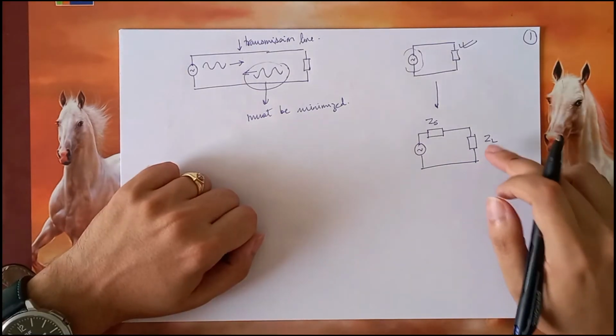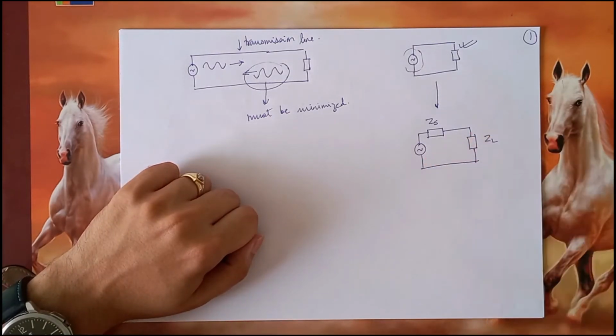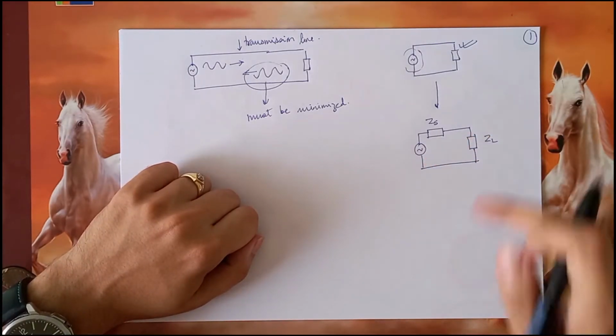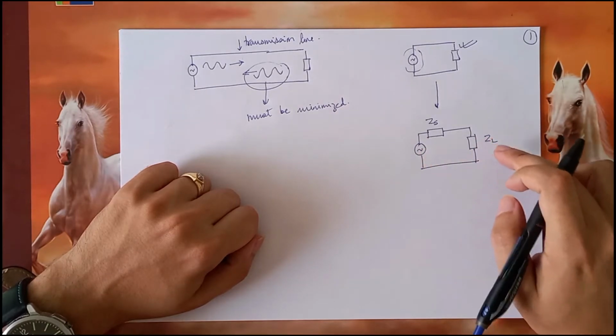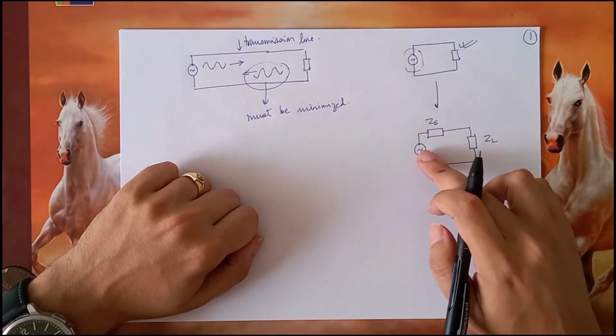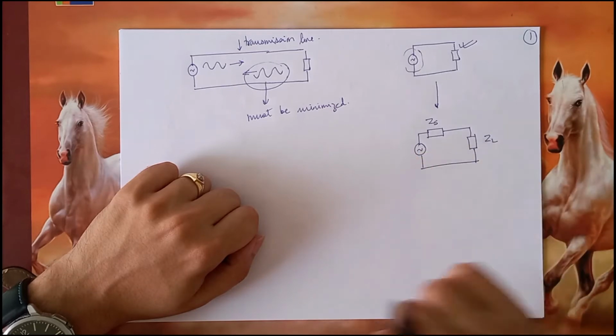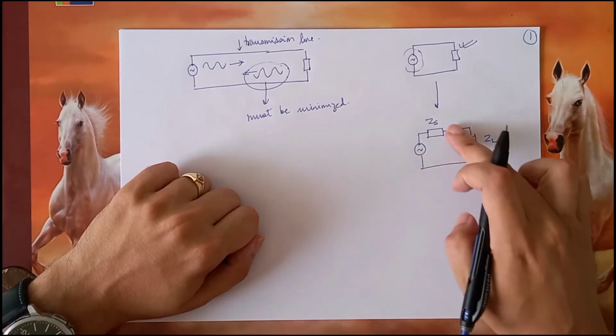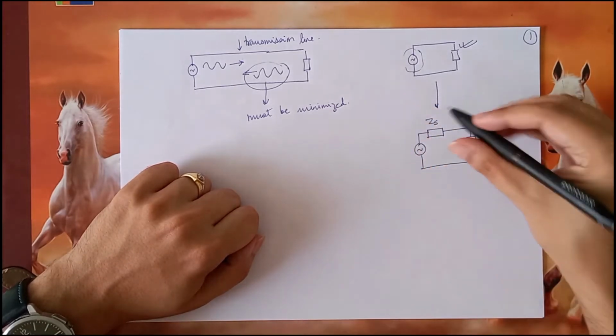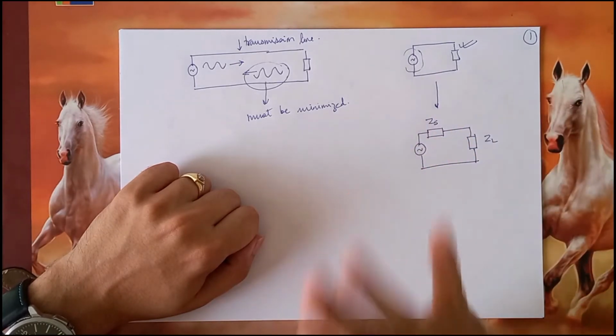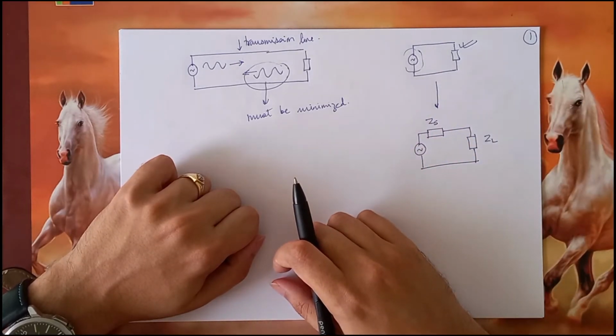So the question now is that no matter what is the value of ZL, it can never ever obtain 100% of the power that is generated by the source, because of this ZS element which is inside the source and will definitely consume some non-zero power.